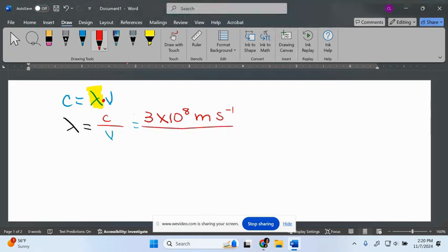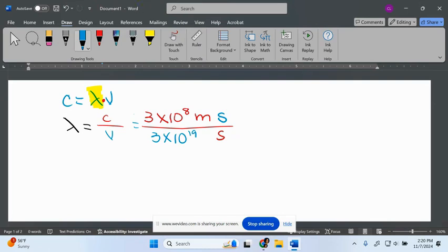Wherever your number is, that unit goes on the bottom. So meters per second. Then my frequency is coming in. And that one has 3 times 10 to the 19th hertz. So if my number is here, the seconds have to go here.